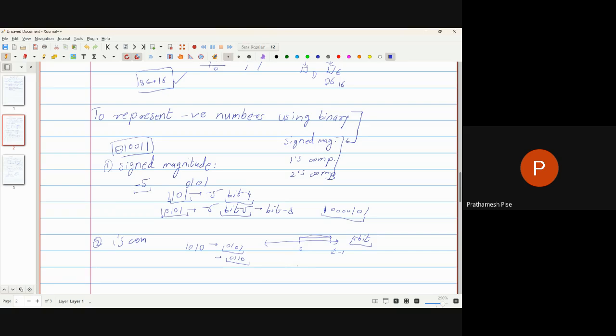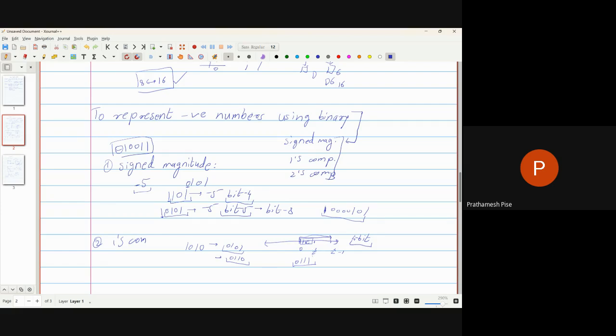In 2's complement, until 2 cube, somewhere in the middle, this portion, we are using to represent positive numbers, from 0 to this number.